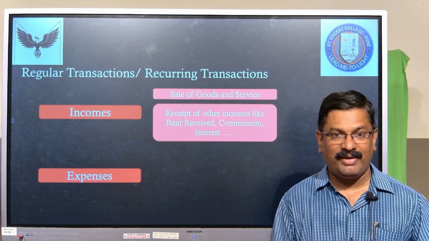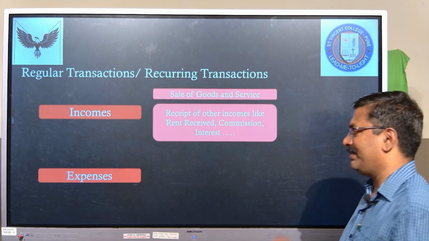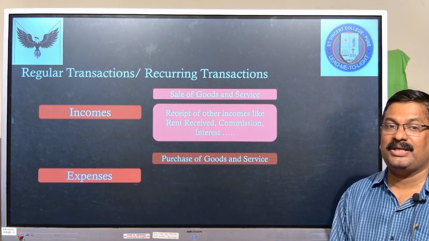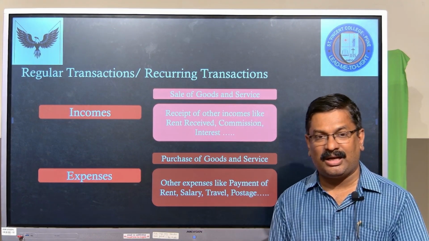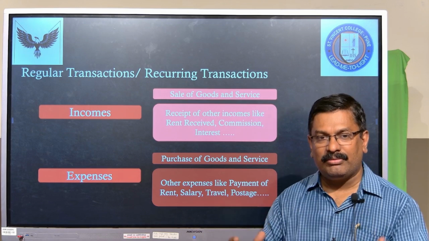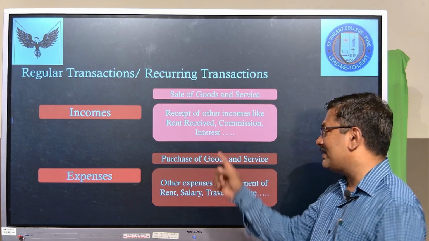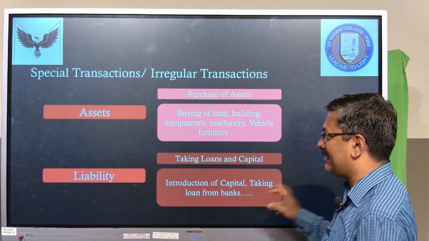Every month I am receiving interest, every year I am getting dividend. These are regular transactions. In the same way, expenses are when I am purchasing goods or meeting expenses like rent, salary, commission, etc. These have to be done on a day-to-day or time-to-time basis. These are called regular expenses or regular income, or recurring transactions.